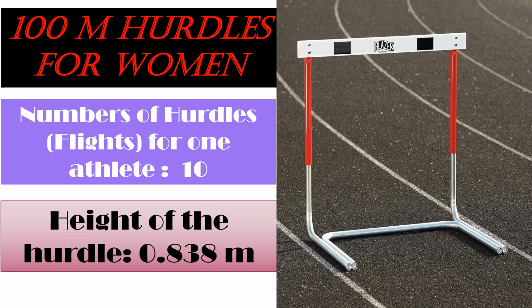And as far as the height of the hurdle is concerned, for the women category, it is 0.838 meters. As we know, in the men category it was 1.067 meters and in the women category, it is 0.838 meters.